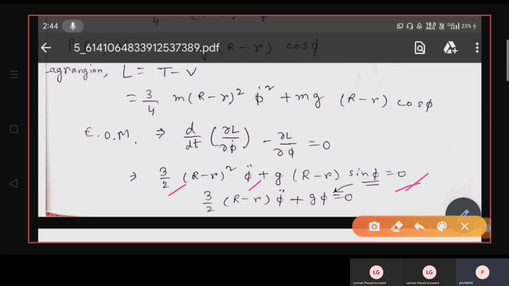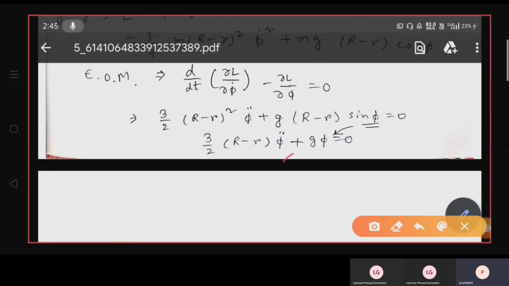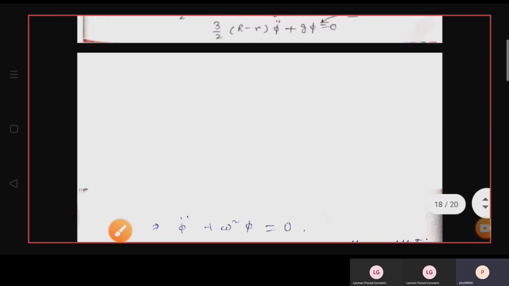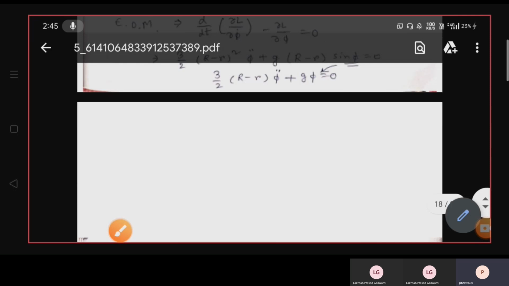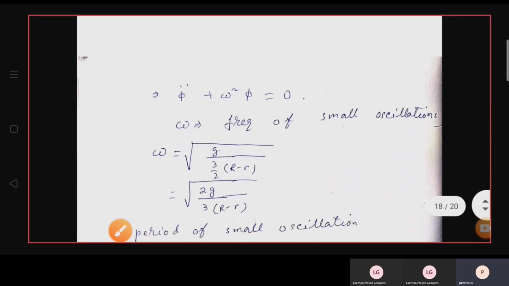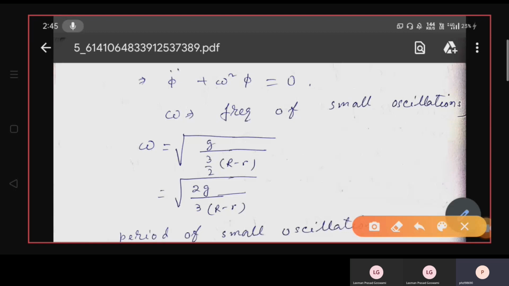Now the point that small oscillation was important is because at small oscillation phi is very small, and sin phi can be approximated as phi. So the equation of motion becomes 3 by 2 (R minus r) phi double dot plus g phi equals 0. Or we can write phi double dot plus omega square phi equals 0, where omega equals root over g divided by 3 by 2 (R minus r).